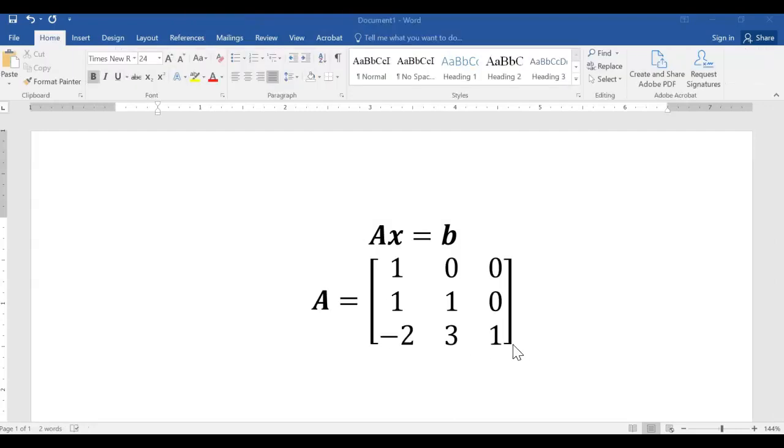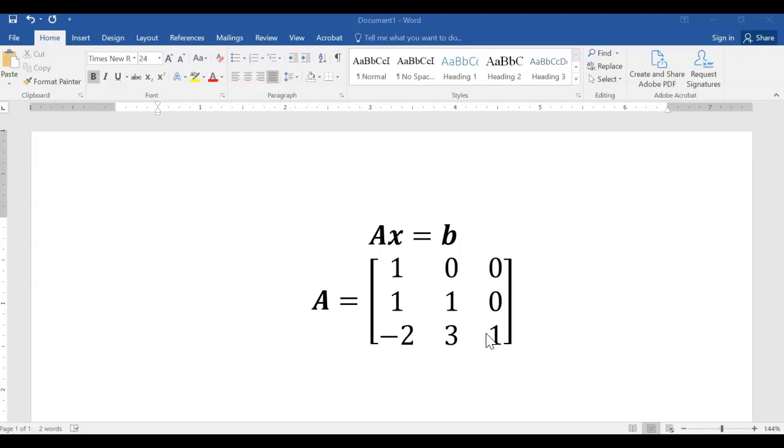This would be our A. And it's pretty obvious that when you multiply by x and try to get b, you're asking yourself, can every b be written as a linear combination of these three vectors?